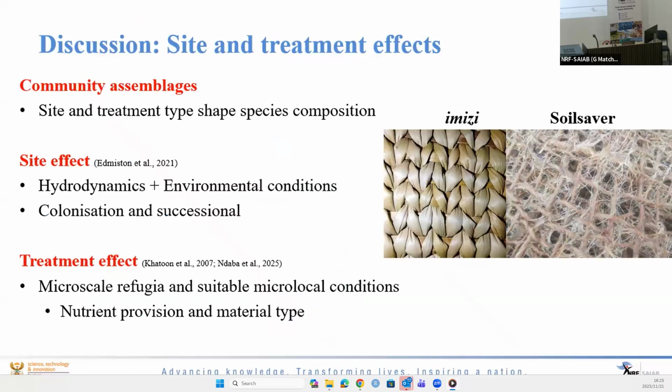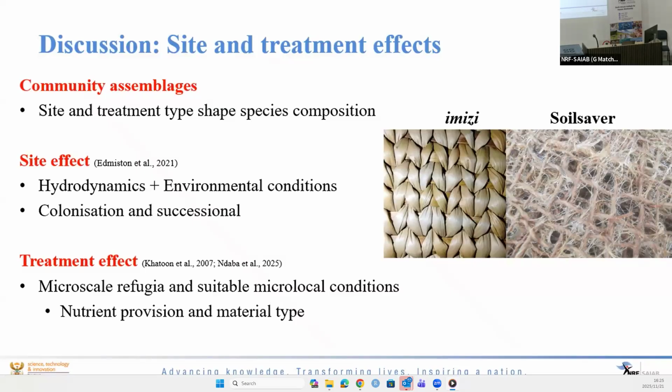So in the study, site and treatment had a consistent effect that shaped diatom species composition. The significant site effect can be attributed to site specific conditions such as hydrodynamics, including wave action, and environmental conditions that could include pollution levels, which are known to influence diatom species colonization and successional patterns.